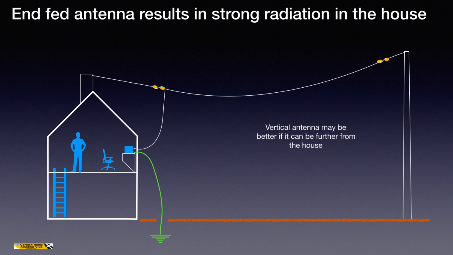And it may be better to fit a vertical antenna if you can fit it further from the house. So there you are. You can see strong radiation both from the RF earth return and from the antenna itself.